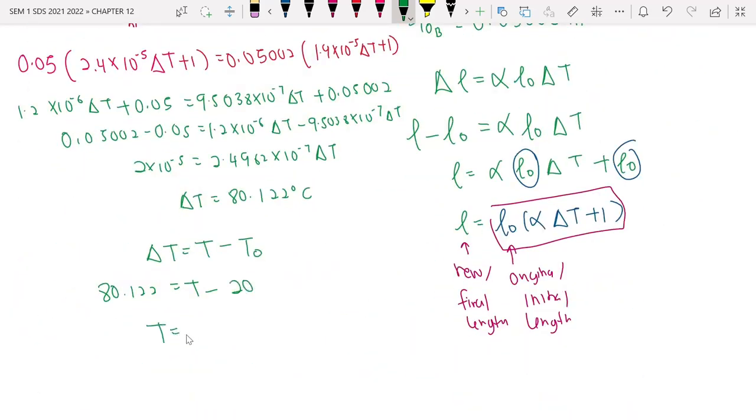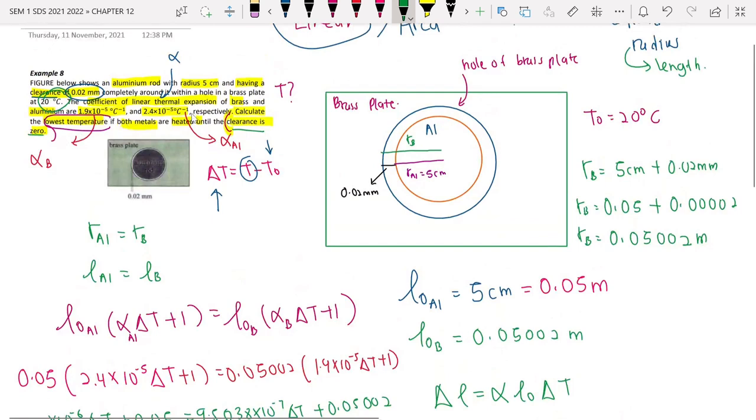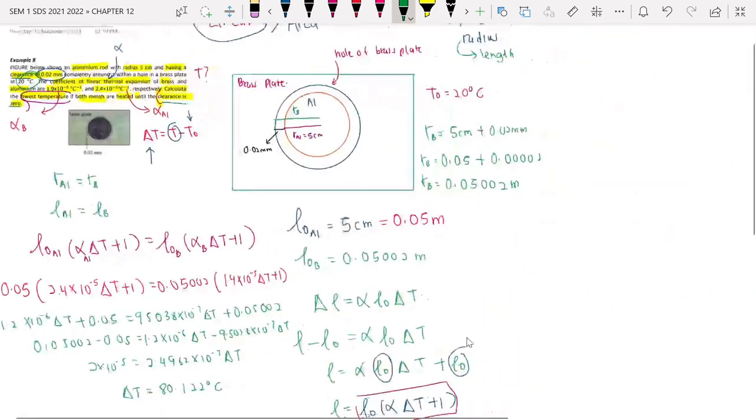So therefore your new temperature, your final temperature, or the lowest temperature is 100.12 degrees Celsius. So that's all for this question.